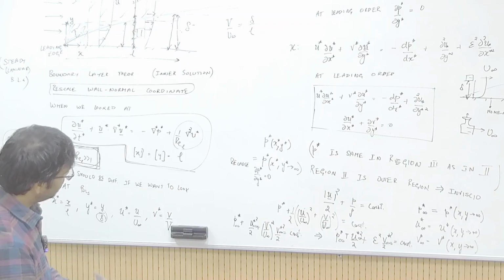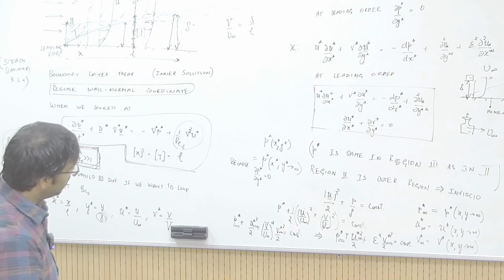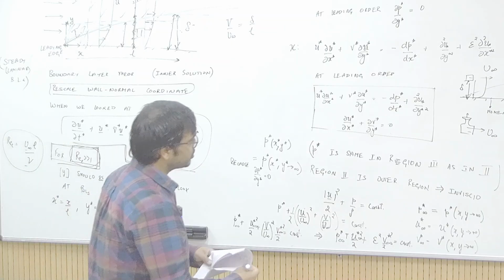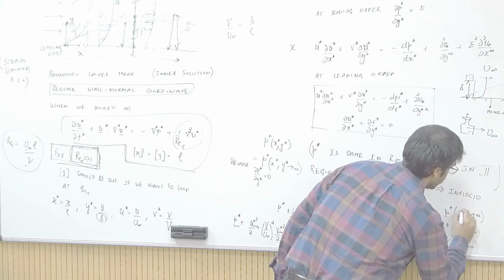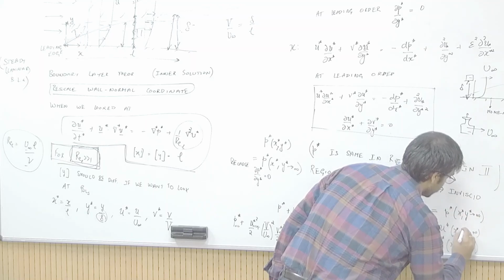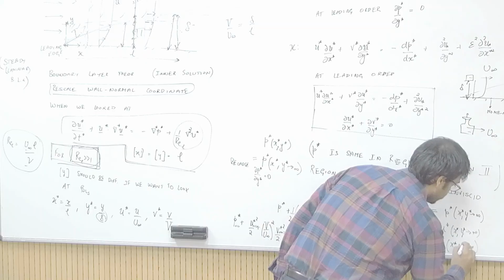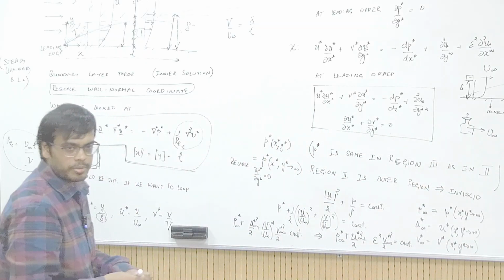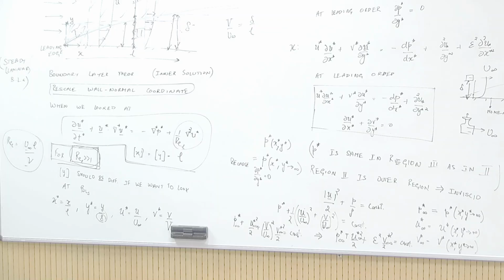So okay, we are not looking at y tends to infinity, we are looking at y star tends to infinity. There is a difference between the two. Y star tends to infinity means that you're sufficiently far away from the boundary layer. It doesn't necessarily mean that y itself is going to infinity.